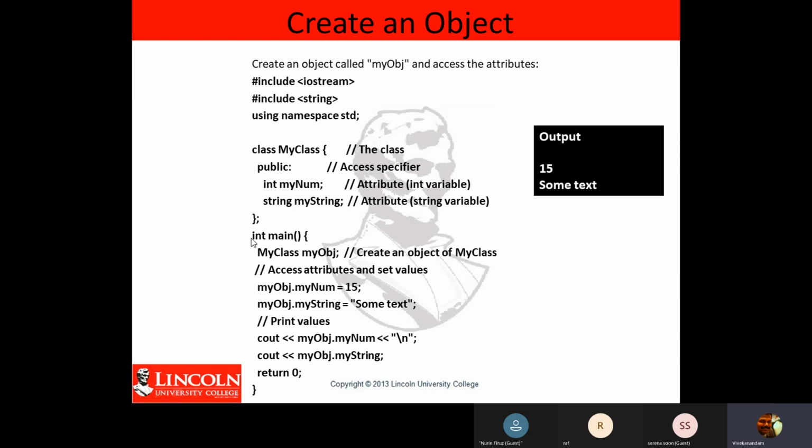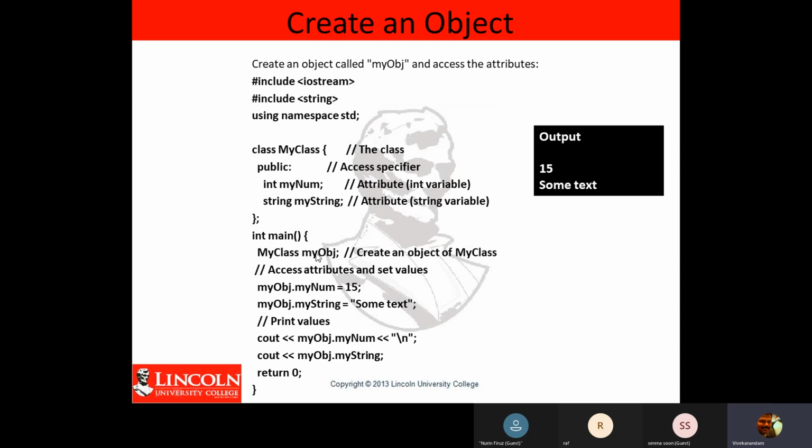Then int main. You can start the program here because our program begins here. When you create objects, you have to mention the object's class name. The class name is MyClass and the object name is MyObj.